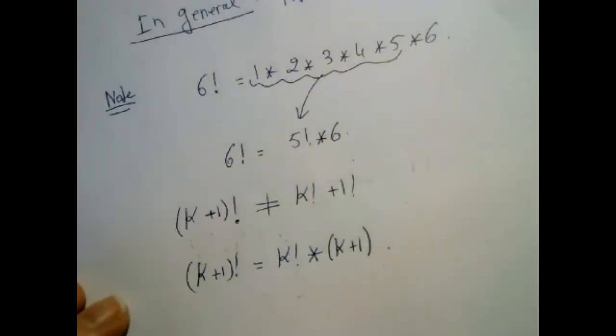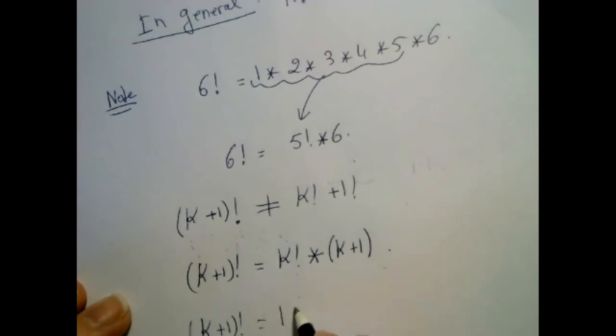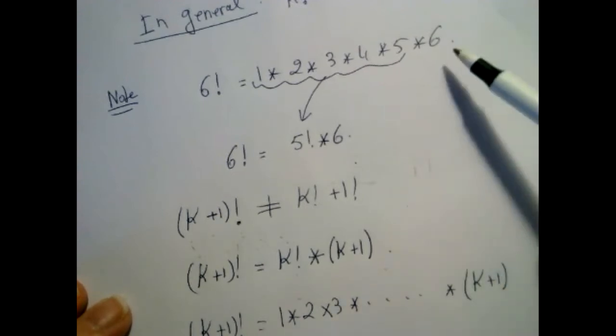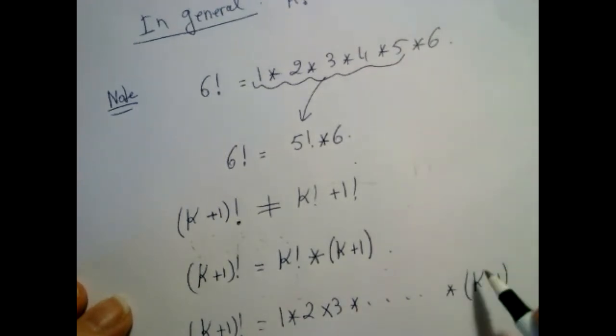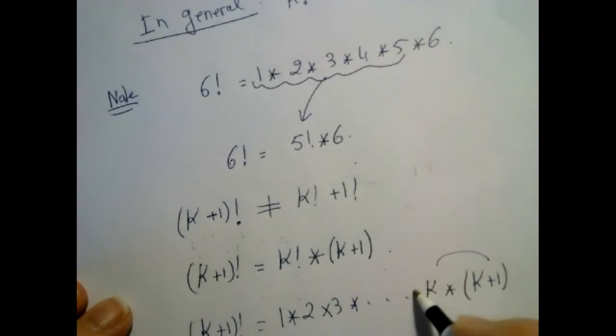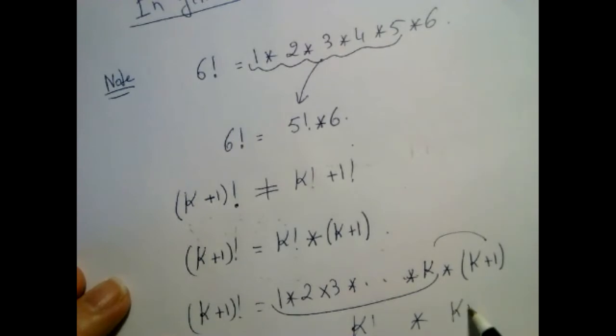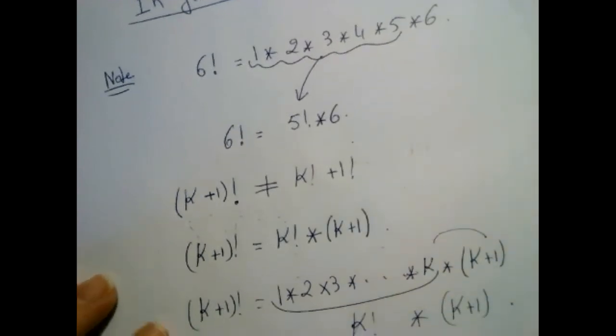Because in the k plus 1 factorial, you start multiplying 2 times 3, and you keep multiplying. The last term is k plus 1, like in the 6 factorial. But the one before k plus 1 must be k. So this is the k factorial, and this is the k plus 1. Okay.